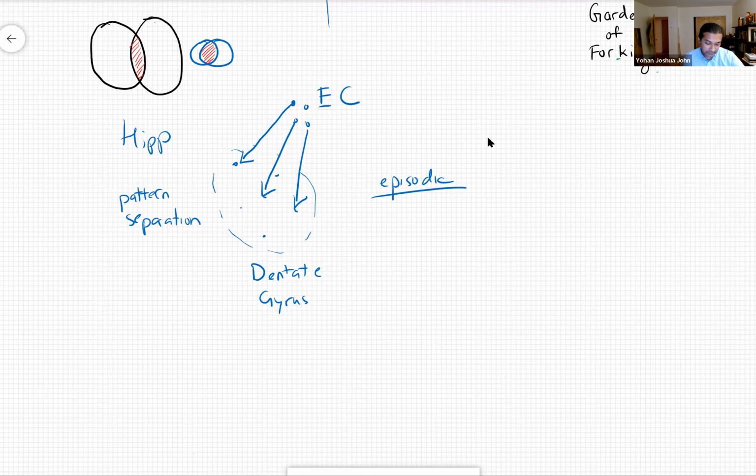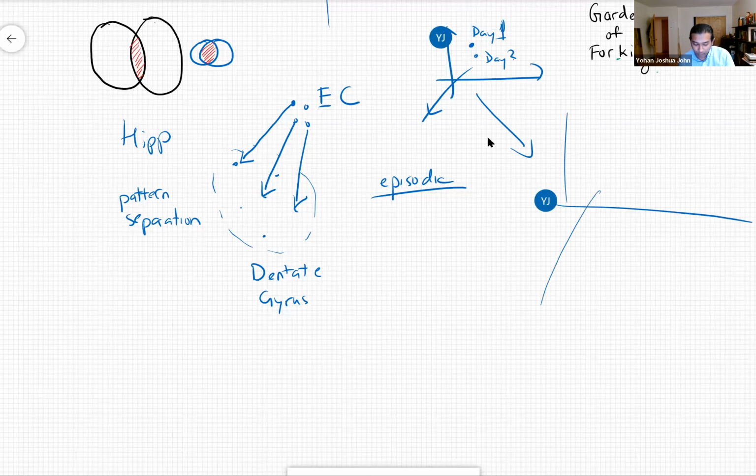So in a state space of things that happened, day 1 and day 2 are in some sense similar. So you want to project to this larger space. It might have more dimensions, or a lot of redundant dimensions, so that in this other space, day 1 and day 2 are much further away from each other.